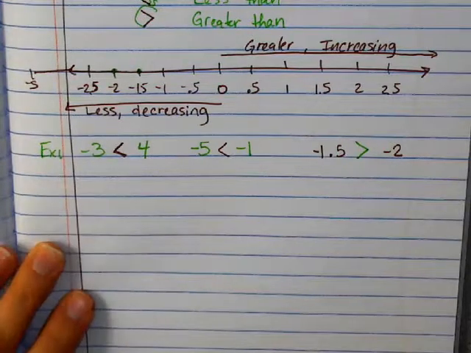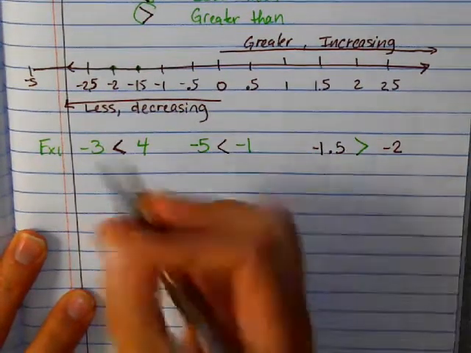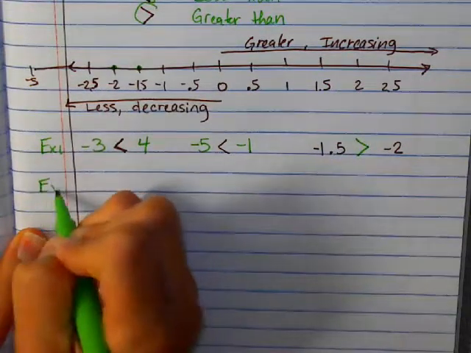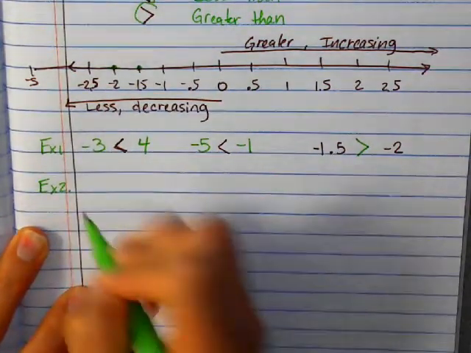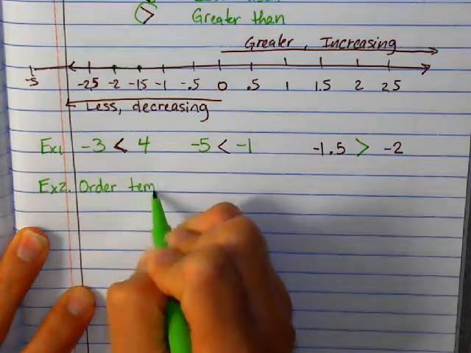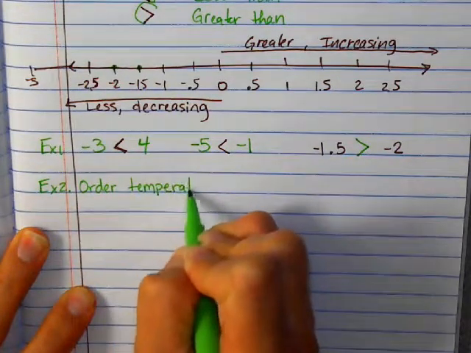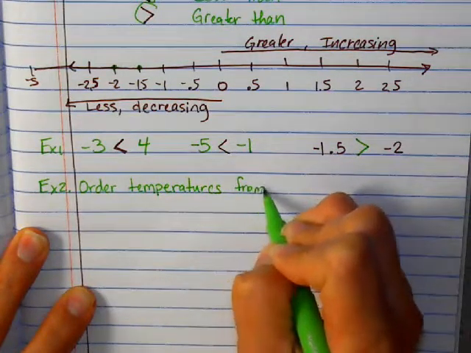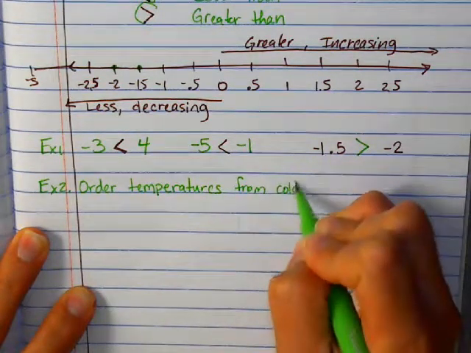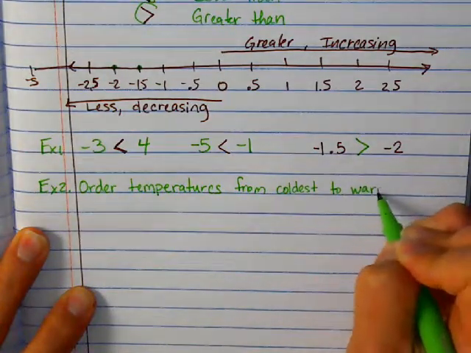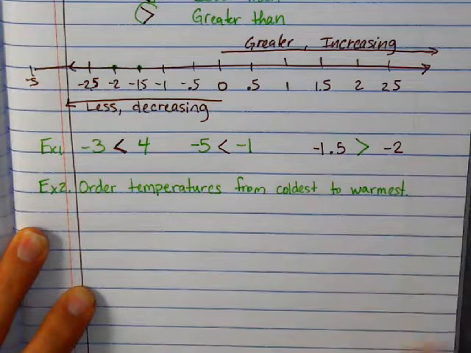Let's look at if we order temperatures. So here's another example. Example 2. Order temperatures from coldest to warmest. I'm going to give you that data here.